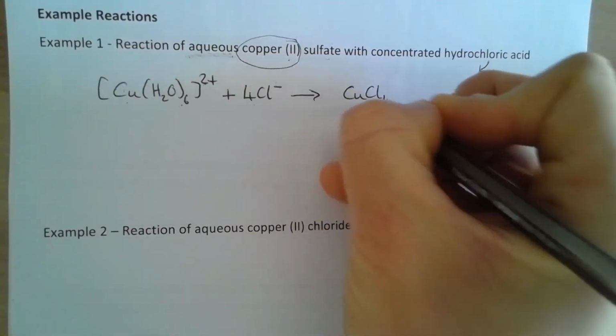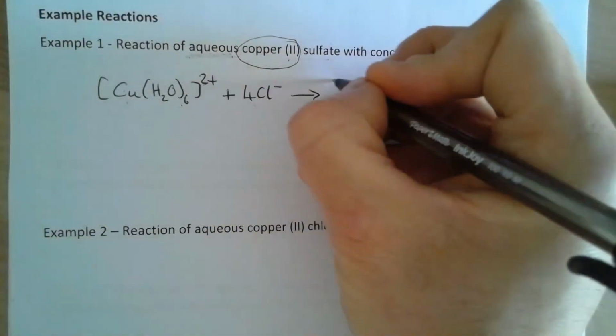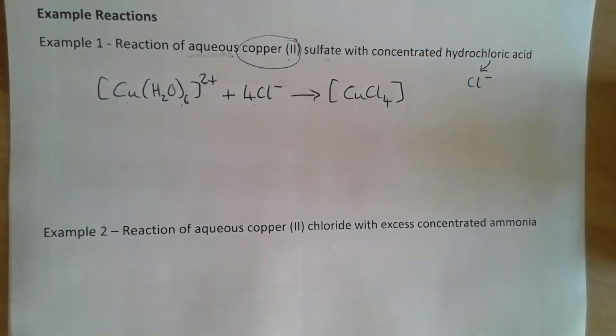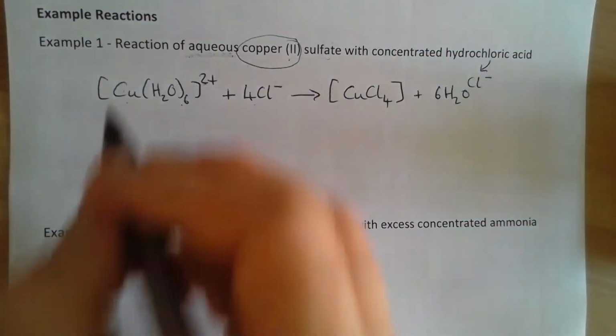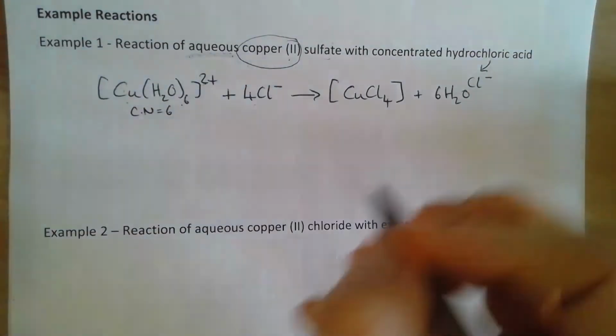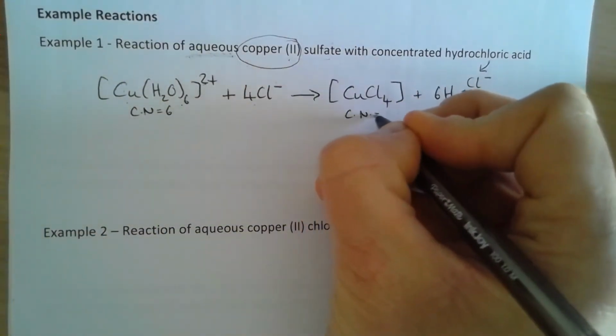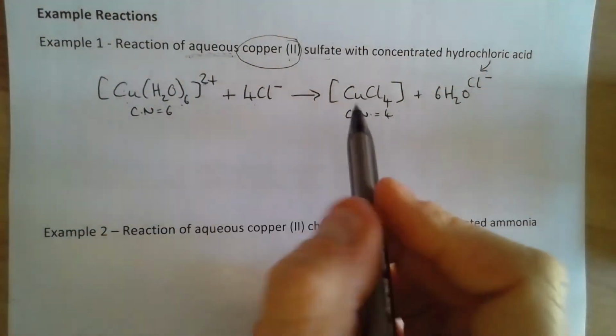So what happens now is we have CuCl4 in the complex, and I'll draw these as diagrams in a minute, and it's kicked out all 6 water ligands. We had a coordination number of 6 here, we've gone down to a coordination number of 4 here. Why has that happened?